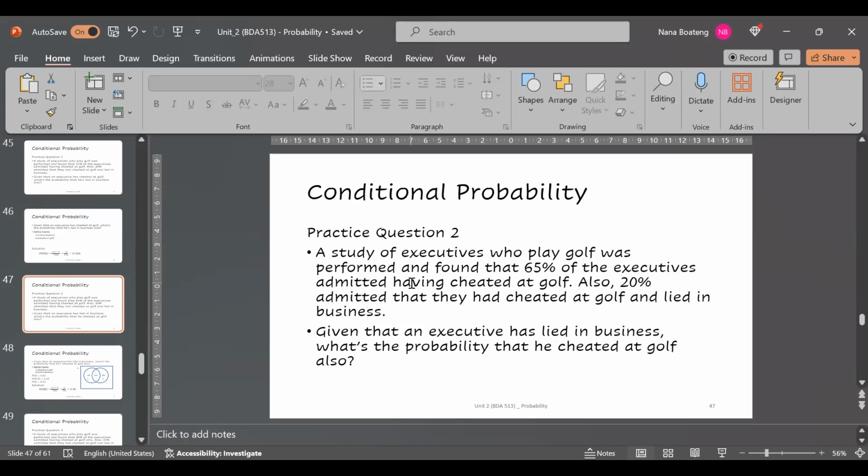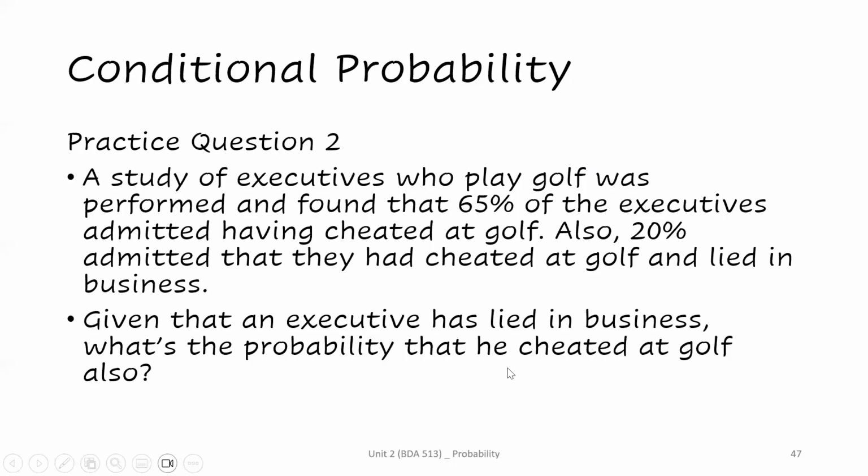So I use that and I got 55% for the probability of B. That's for the lied, the executive that lied. When I brought that to the formula, I got the probability of A given B.